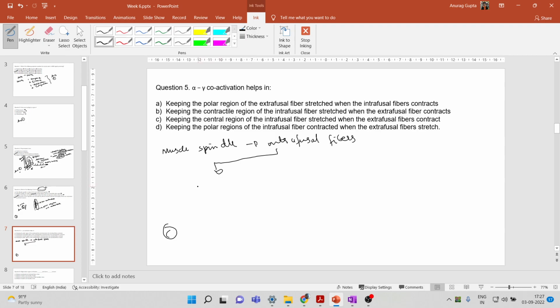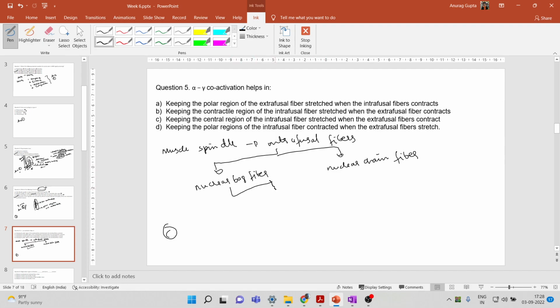One is the nuclear bag fiber, and then we have the nuclear chain fiber. The name is like this because of the way the nucleus is arranged. In the chain fiber, it is arranged in chain fashion, whereas in the nuclear bag fibers, it is clustered like a bag.